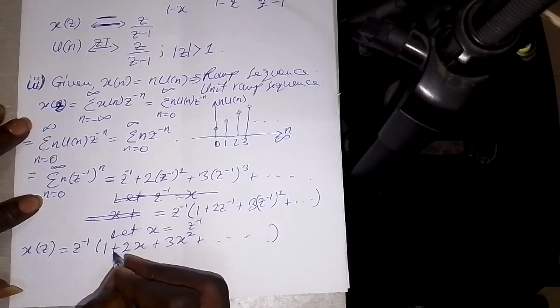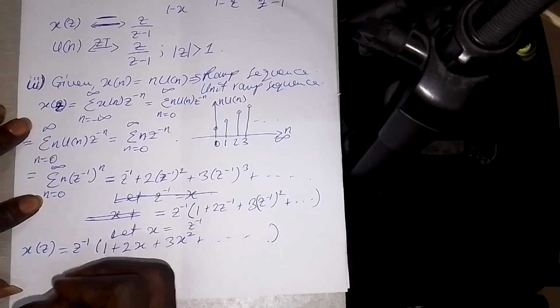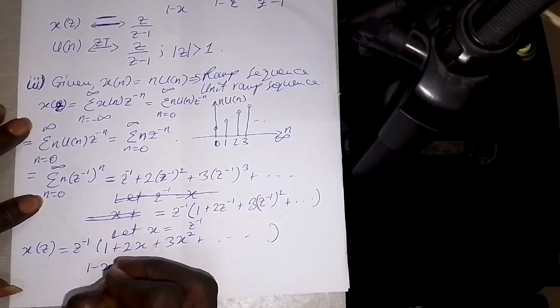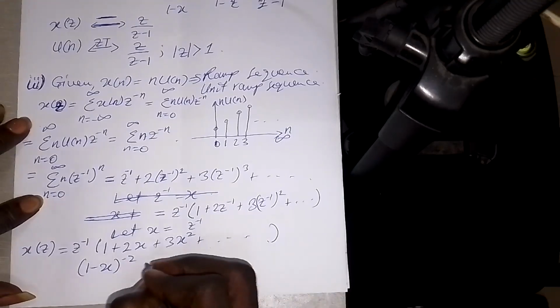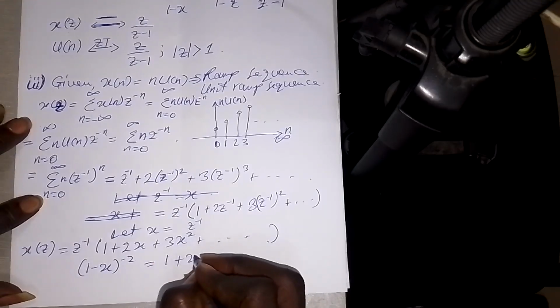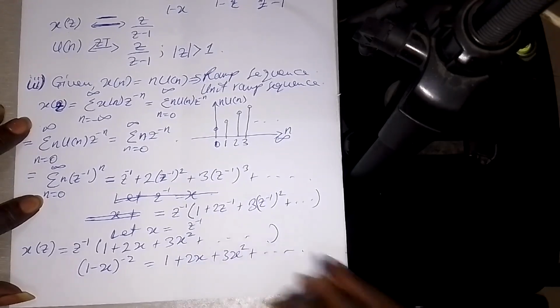Now if you have this series, its binomial expansion is 1 minus x to the power minus 2, which gives you 1 plus 2x plus 3x squared plus up to infinity.